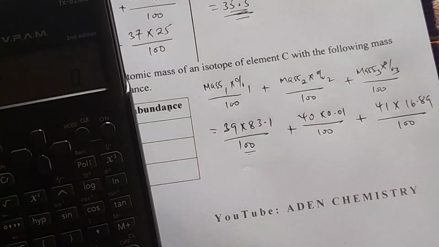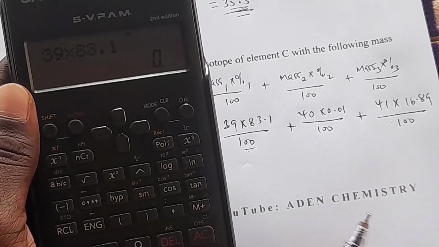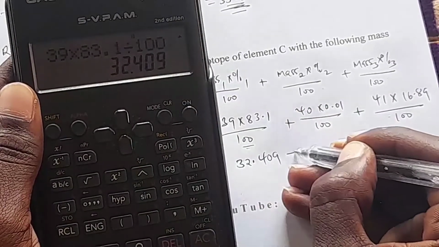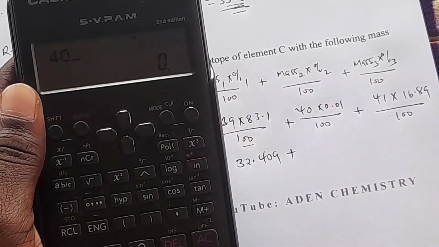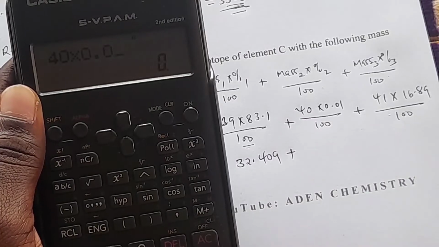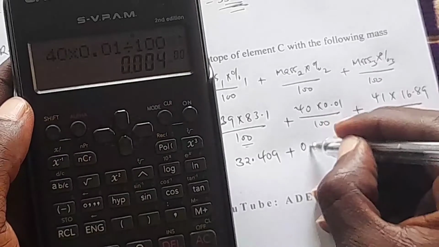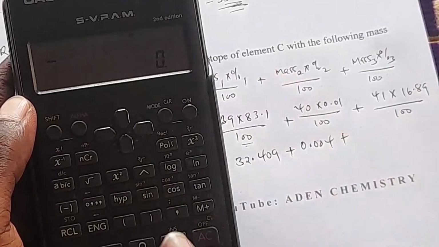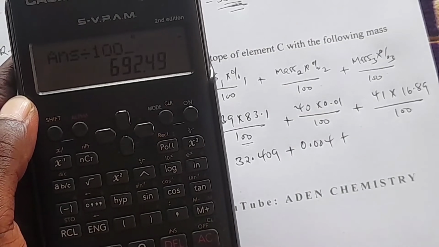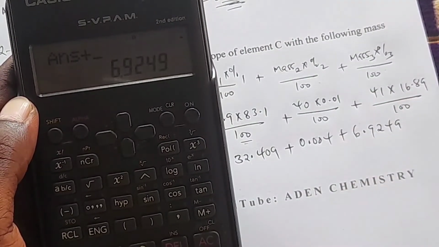So 39 times 83.1 divided by 100, we get 32.409, plus 40 times 0.01 divided by 100, which is 0.004, plus 41 times 16.89 divided by 100. Here we get 6.9249.